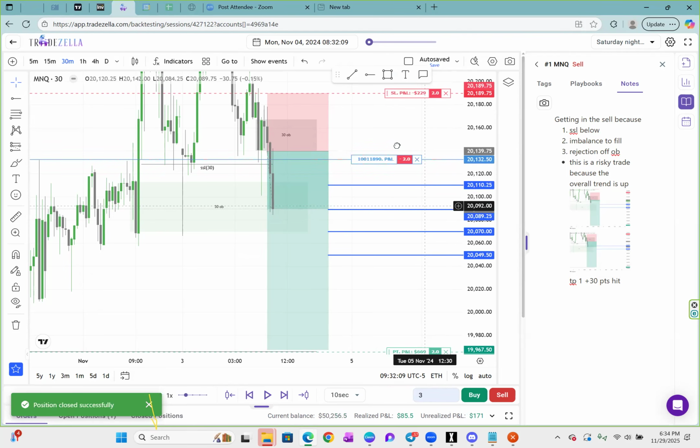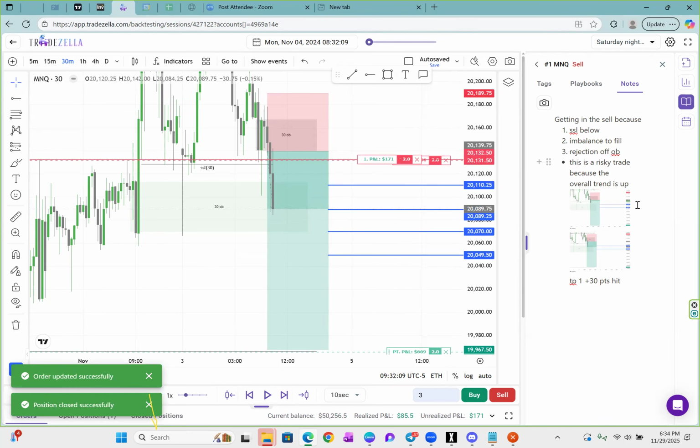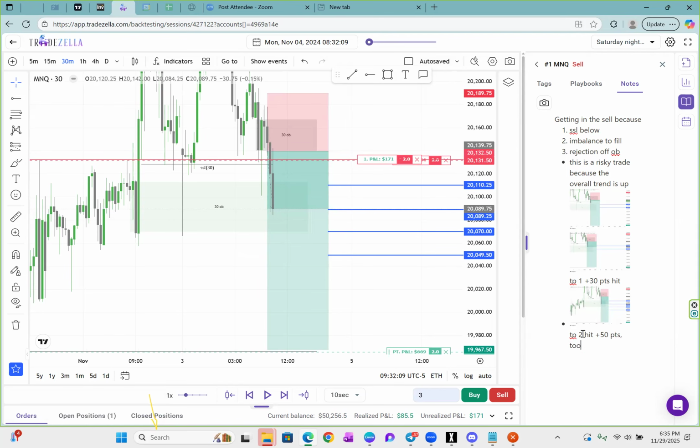And then I'm going to move my stop loss to break even. So now in my notes, I'm going to screenshot again. And I'm going to say TP2 hit plus 50 points. Took one contract off the trade, leaving 2 running, stop loss at break even.